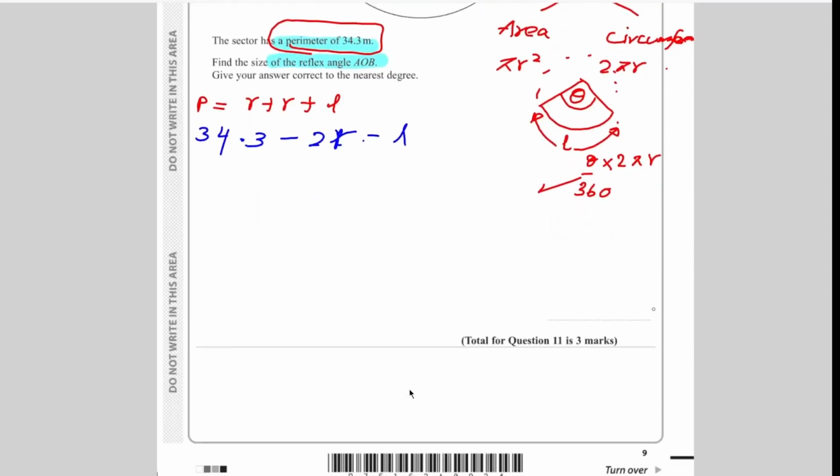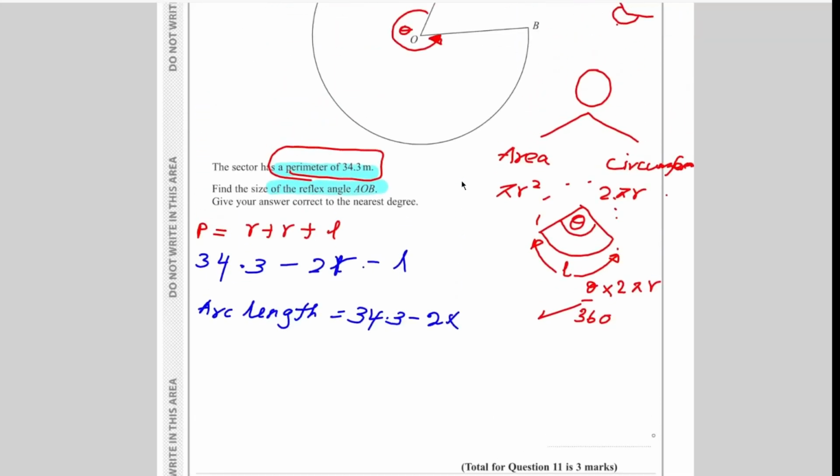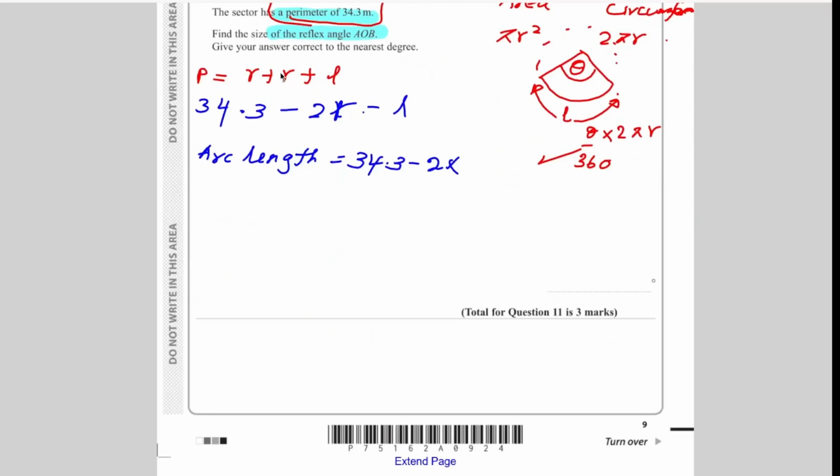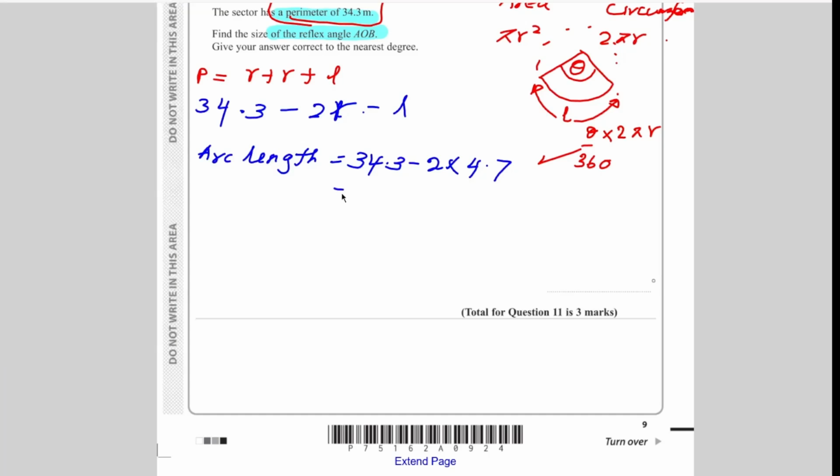How much is r? r is 4.7. So arc length equals 34.3 minus 2 times 4.7, which equals 24.9.